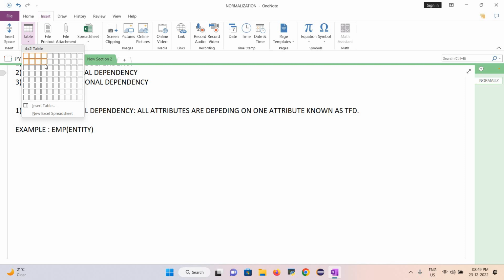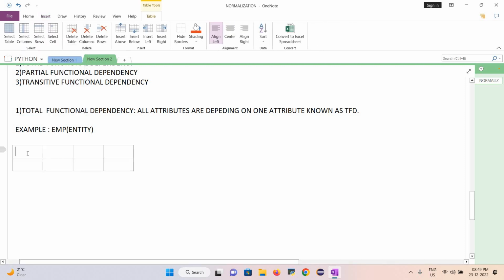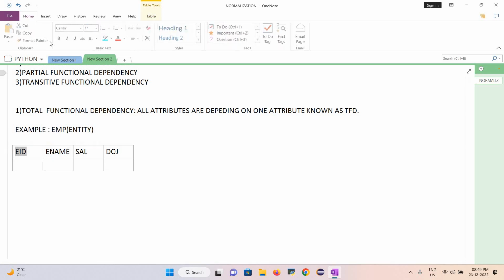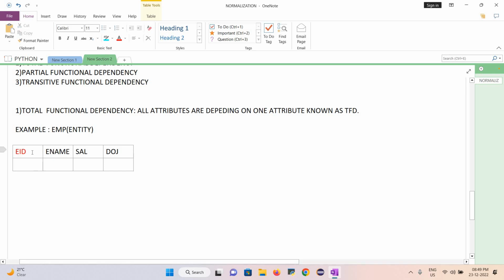Just take it as these four: employee has employee ID, employee name, salary of the employee, and date of joining of the employee. So this is my main attribute, I would say. Let me write in parentheses, primary key.